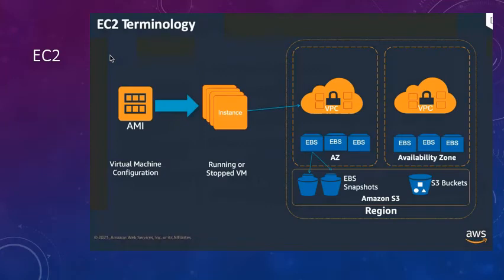So here's some other EC2 terminology. We've seen the AMI and the instance and the VPC. Just below the VPC here, you can see EBS. EBS is Elastic Block Storage. Why they call it that, I have no idea. It's just to confuse you, I'm sure. EBS basically means a hard disk.